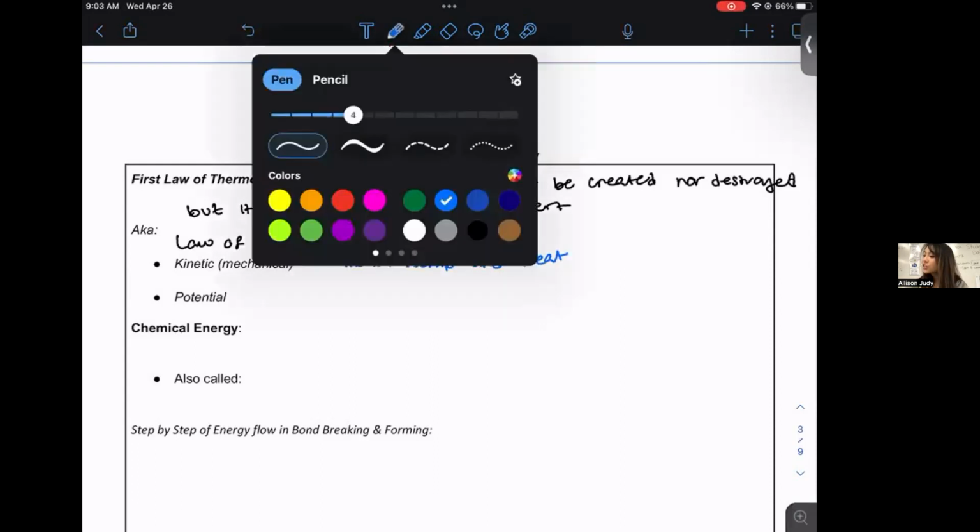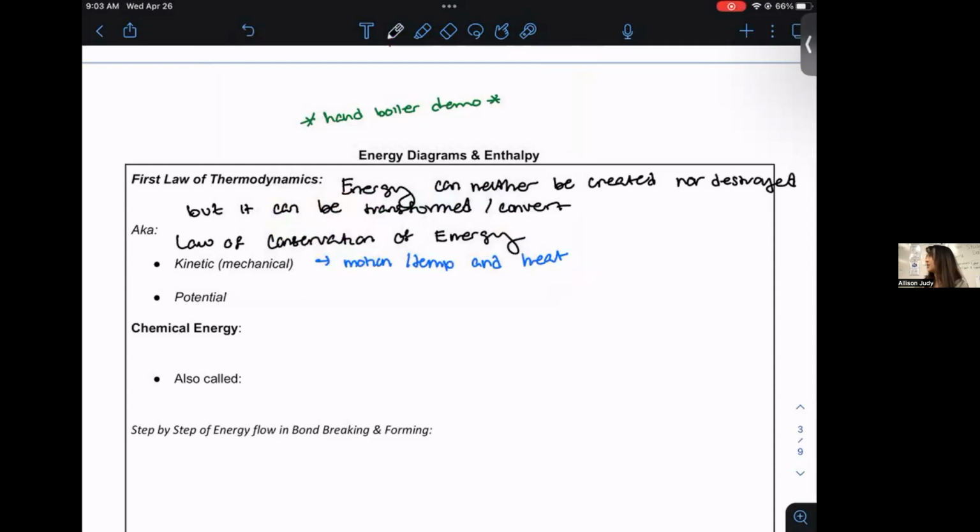And then potential energy is all about the position or arrangement of whatever you're looking at. For us, it translates to what we call chemical or bond energy. That's what we focus on in chemistry. This is our understanding of how we apply the concept of energy.